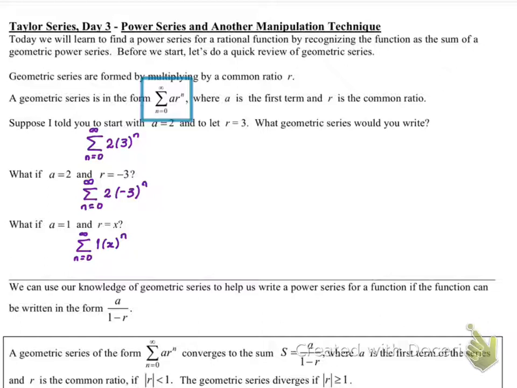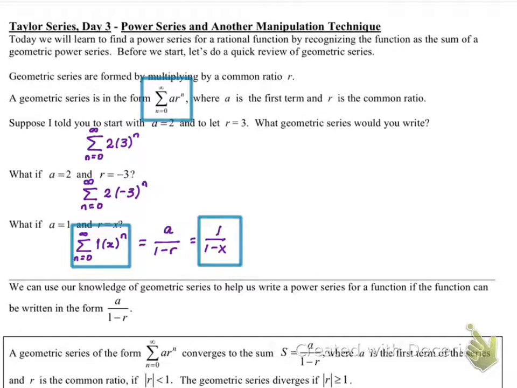So the sum of that last power series, we could write as a over 1 minus r, or 1 over 1 minus x. And we see that the series that we began with sums to a function that we're very familiar with.